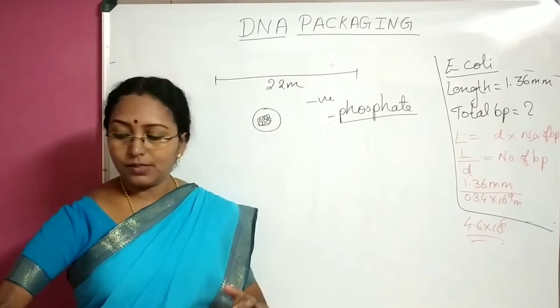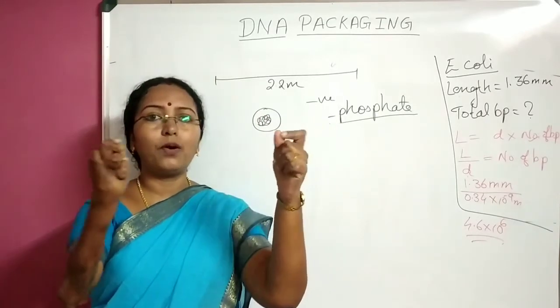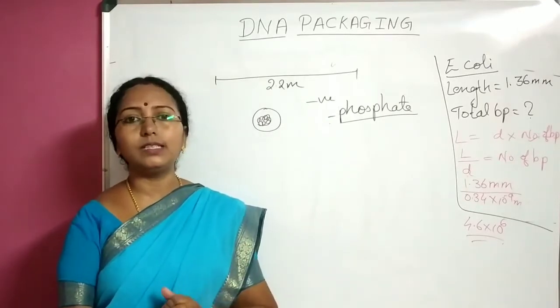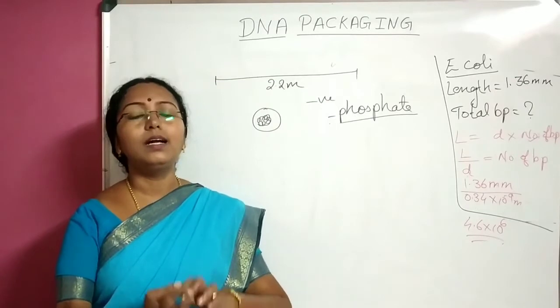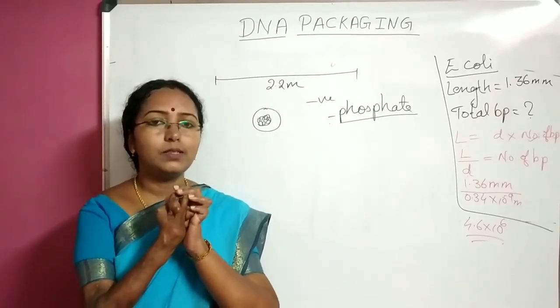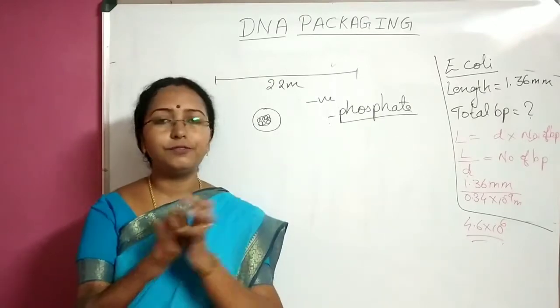Now imagine if all these negative charges are brought together, they will start repelling each other. That is natural, isn't it? The DNA will not stay stable because there will always be a repulsive force.